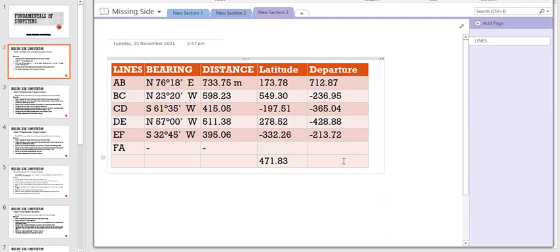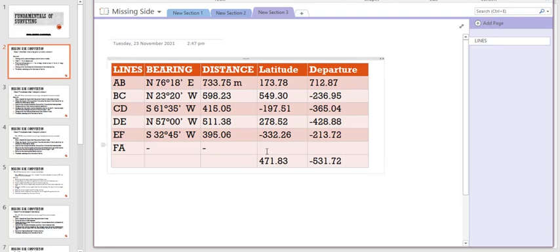Then the departures: 712.87 minus 236.95 minus 365.04 minus 428.88 minus 213.72, so negative 531.72.